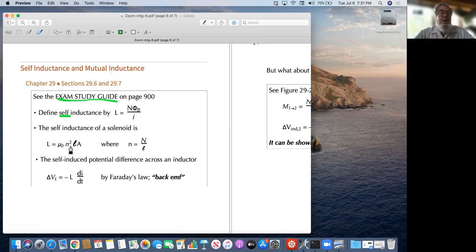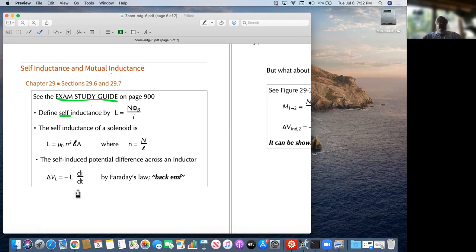So there's a calculation of self-inductance. It's mu naught n squared l times A, where n, little n, is the number of turns divided by the length of the solenoid. So that's self-inductance of a solenoid, and that's something which is included in the study guide. Then the self-induced potential difference across an inductor is minus L di/dt.